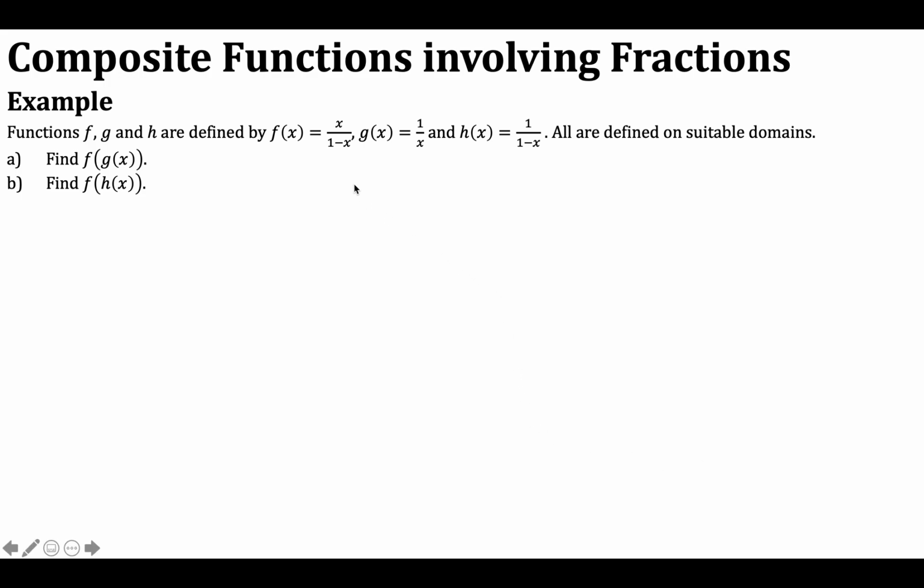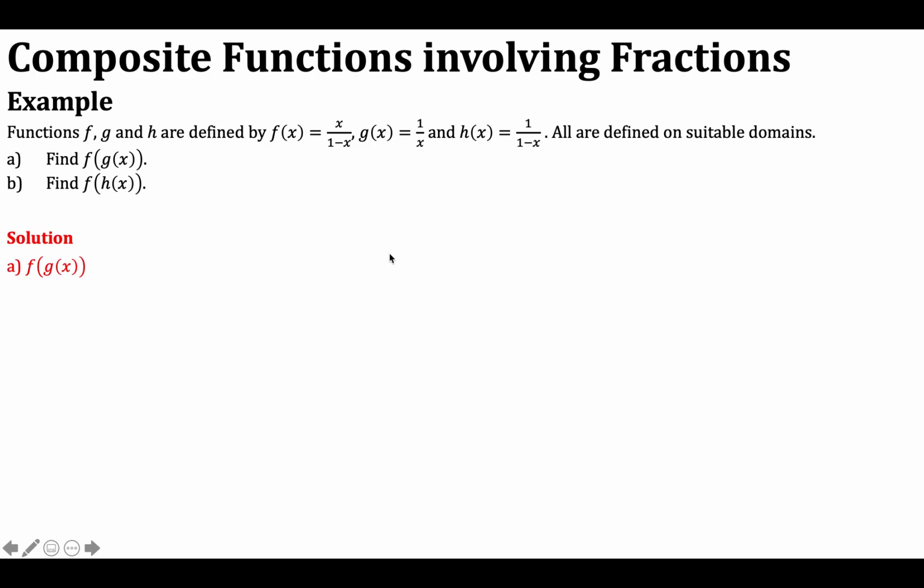Just to reiterate, for f of x, x can't be equal to 1, for g of x, x can't be equal to 0, and for h of x, x can't be equal to 1. Those would be the domains for f, g and h. And the questions ask us to find f of g of x and find f of h of x.